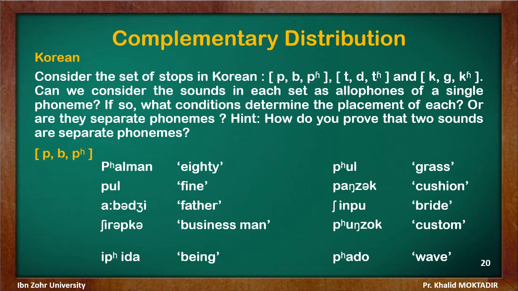Now, can we consider the sounds in each set as allophones of a single phoneme? In other words, in each group we have one phoneme and two allophones. If so, what conditions determine the placement of each, or are they separate phonemes? Now, of course, you need a hint here, which says, how do you prove that two sounds are separate phonemes?